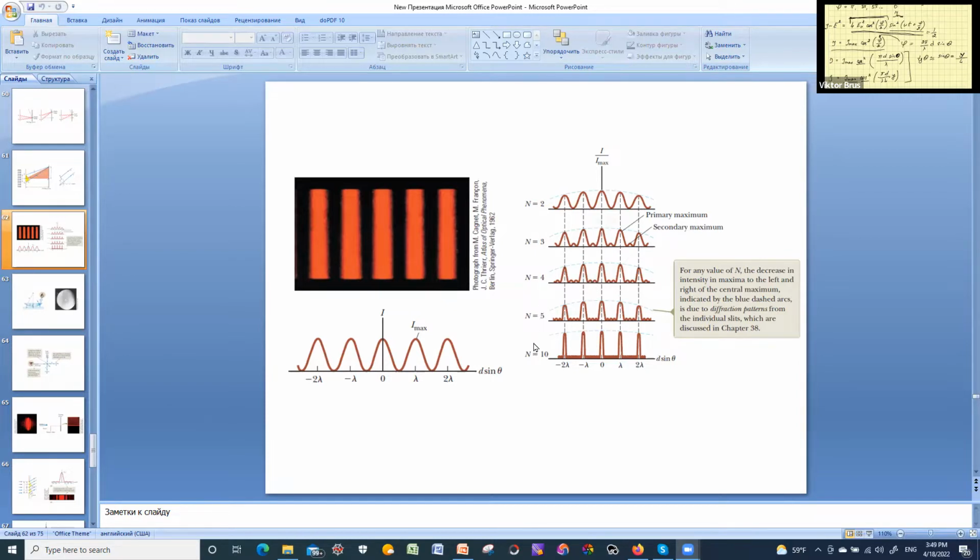If we increase it further, we get conditions with plenty of secondary maxima and very narrow primary maxima with the same light intensity as initially.